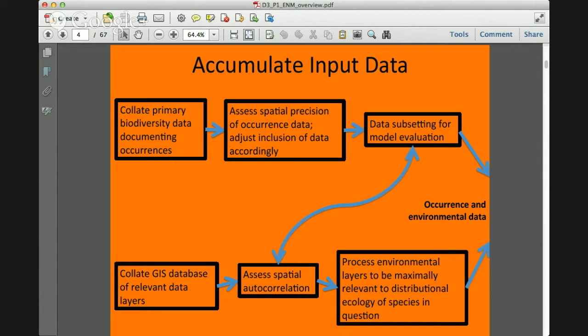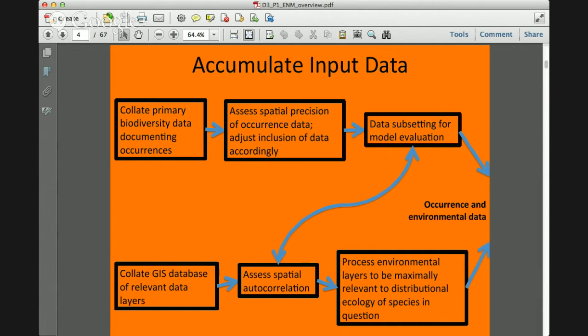And definitely a first step is to assess spatial precision of those data and throw out the data that are least precise spatially. A third step is that of setting aside some data for model evaluation. And we'll come back and talk about that later.